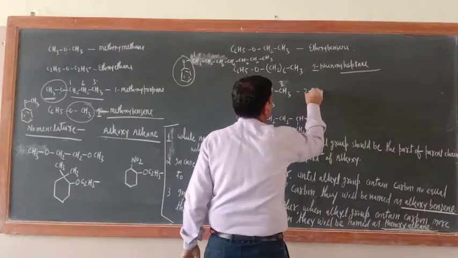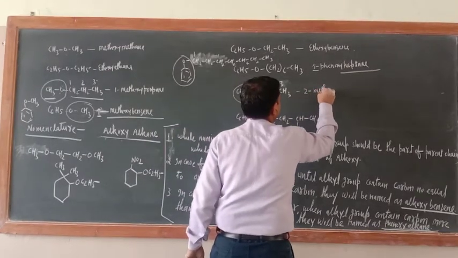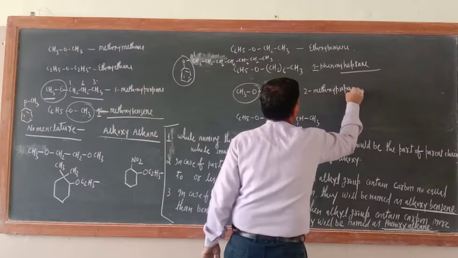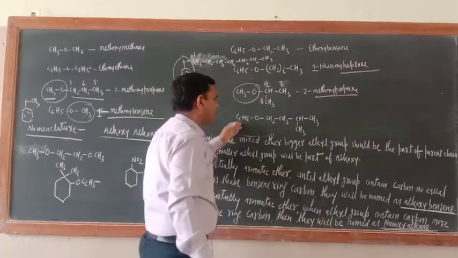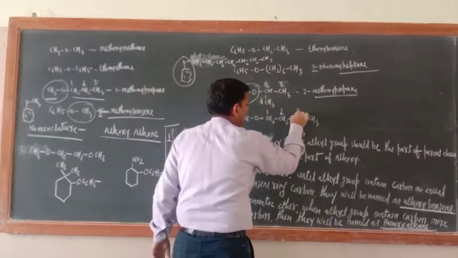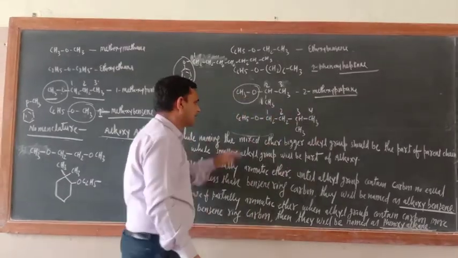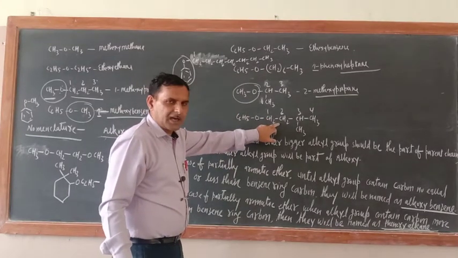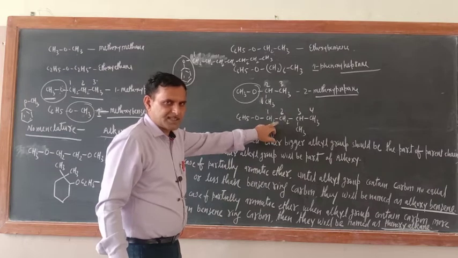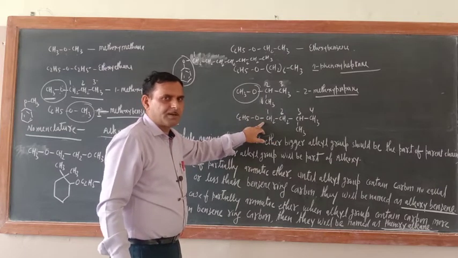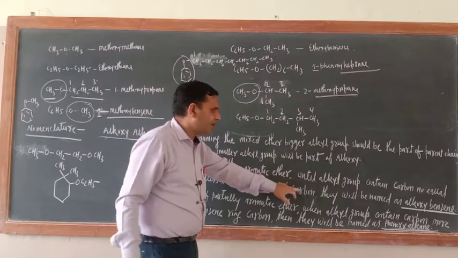And what is the name of this one? 2-methoxypropane. Okay. What about this one? Just see here, 1, 2, 3, 4. Correct? And now just see, still this alkyl group has carbon number lesser than the benzene ring, so the second rule will be applicable.